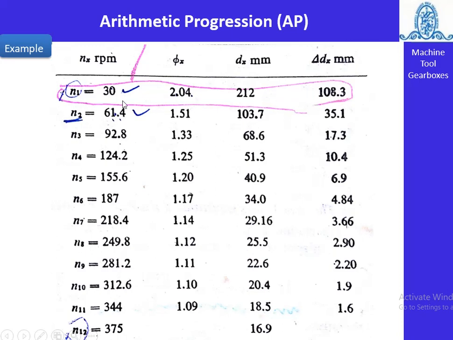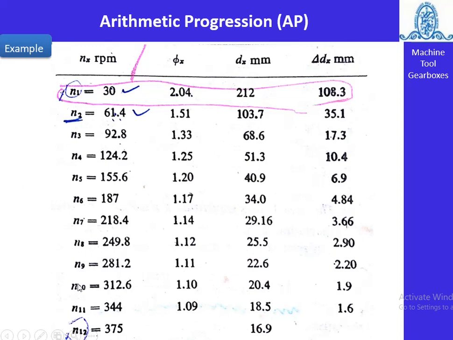At the lower spindle speed range, that is 30, 61 and 92.8, you will find a very wide range of delta dx: 17.3, then 35.1, and then 108.3.